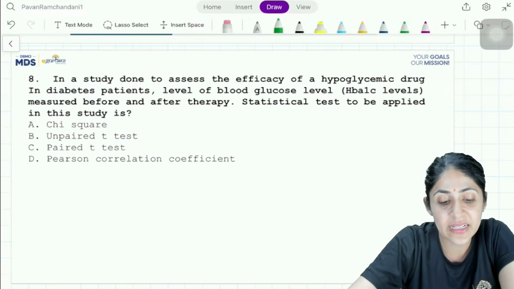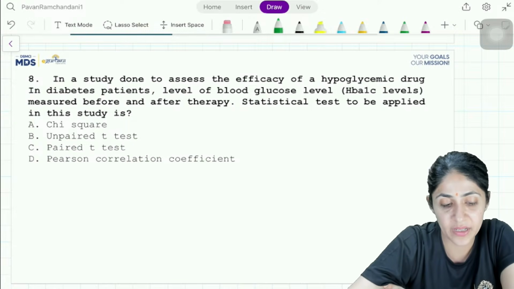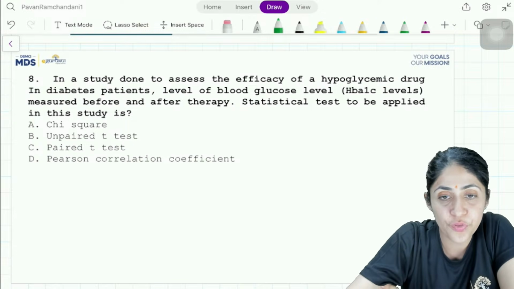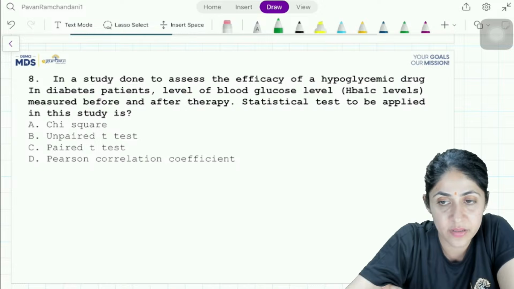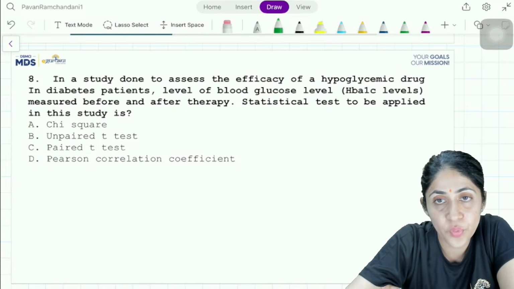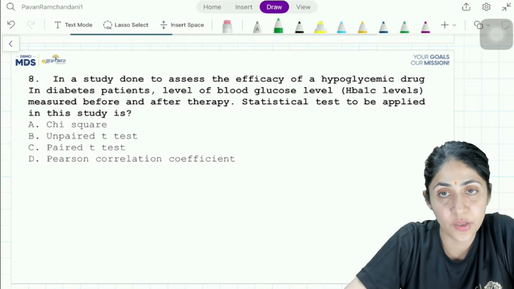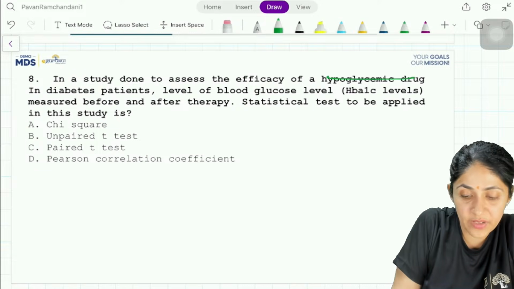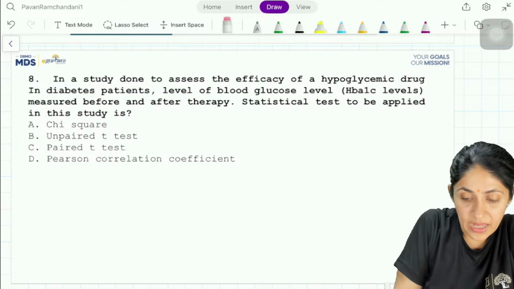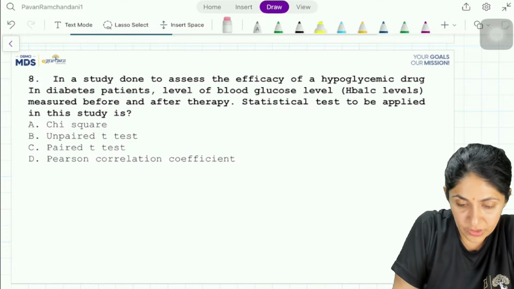In a study done, again pay attention, because many of you ask me this query and get confused in this. Say you do a study to assess the efficacy, the effectiveness of a drug in diabetic patients.